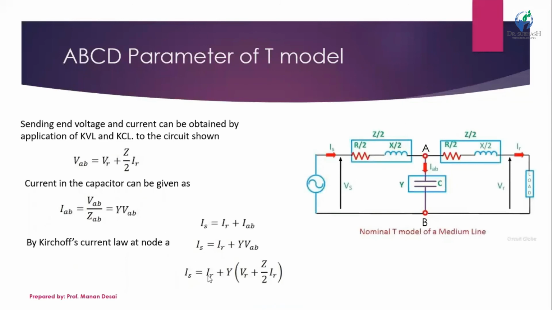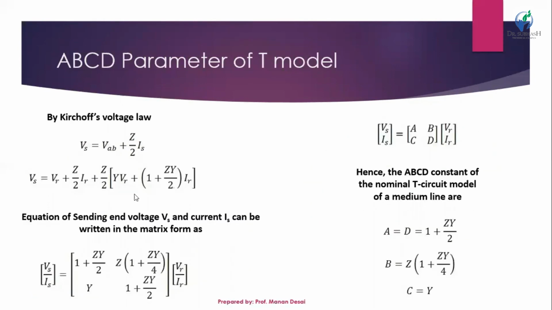The IS value is IR plus YVR plus YZ by 2 IR, that is, YVR plus 1 plus ZY by 2 times IR.